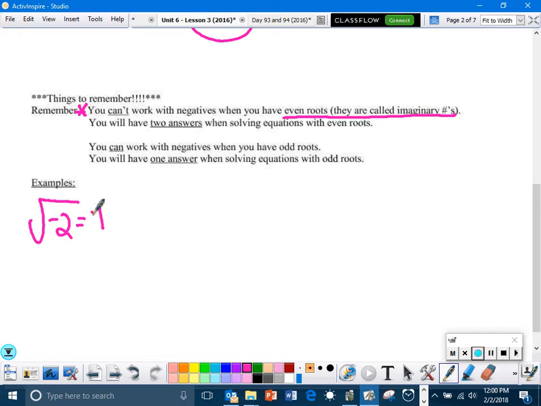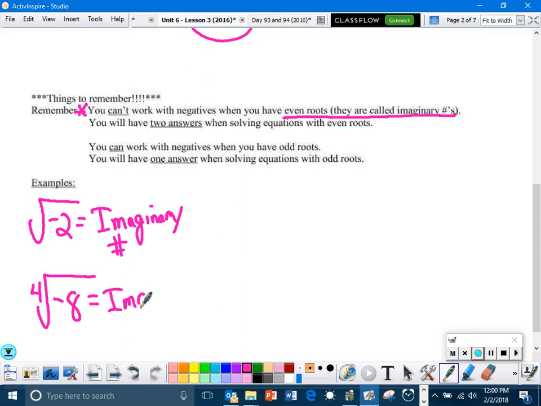Just know that that is what we call an imaginary number. If I did the 4th root of a negative number, again, that's going to be an imaginary number. I'm not going to go any further with it than that. So that's what that first statement says. You can't work with negatives when you have even roots.